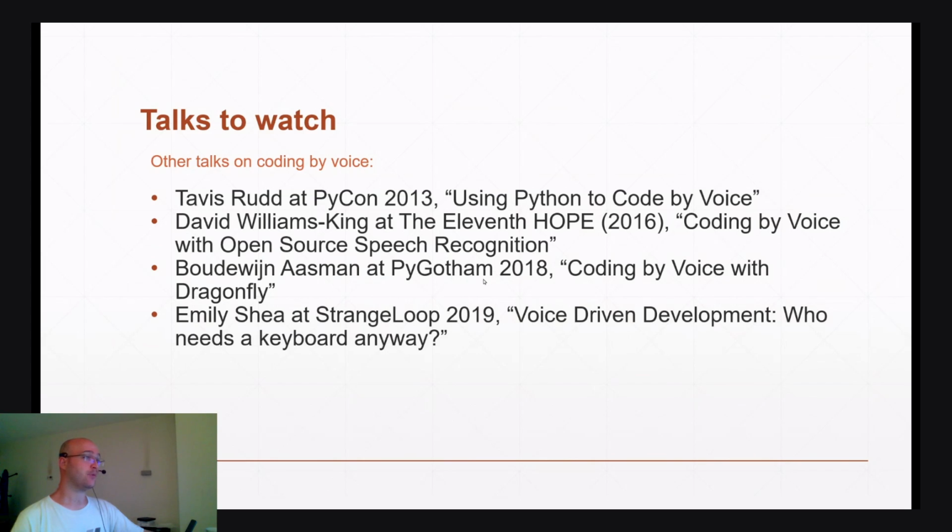I'm sorry. At PyGotham, this guy did a talk on coding by voice with Dragonfly, which is also good. And Emily Shea did a talk at Strange Loop 2019 doing the same. And I think she has a good demo of what people actually think coding by voice means at the beginning, and it's very comical.